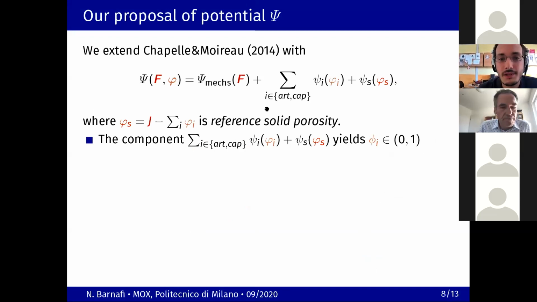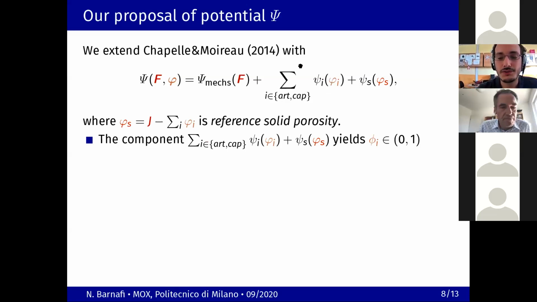Work developed by Chapelle and Moreau considered the first mechanical contribution and the third one, which depends on Ps, the reference solid porosity. Here we consider the percentage of tissue, which is of course one minus the other porosities.